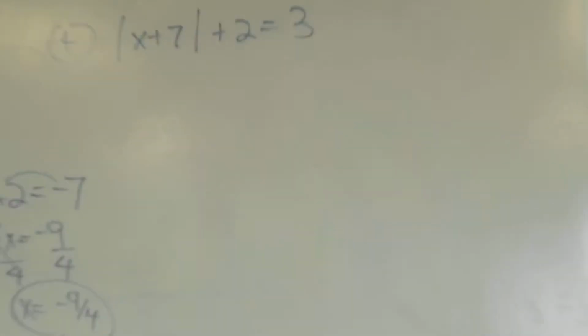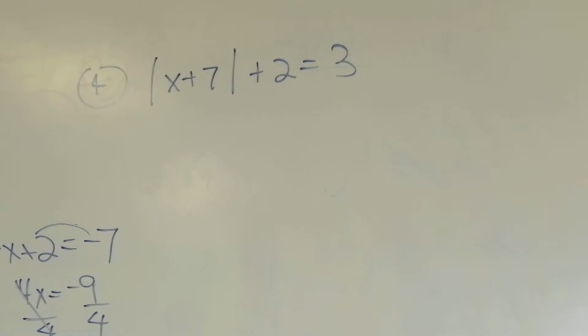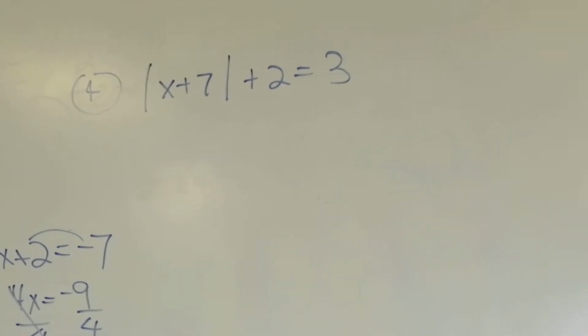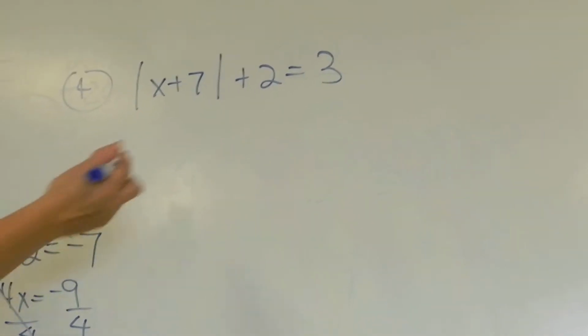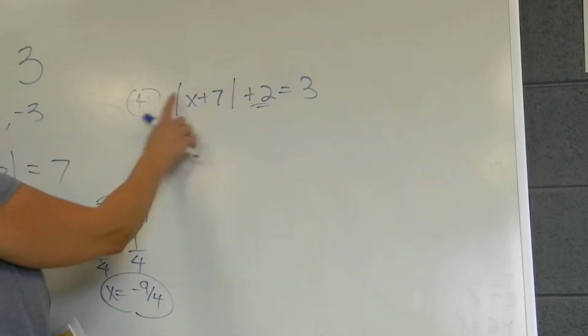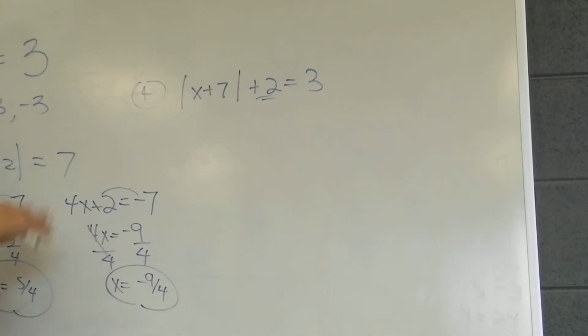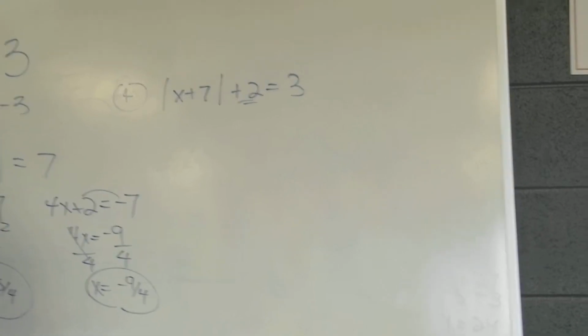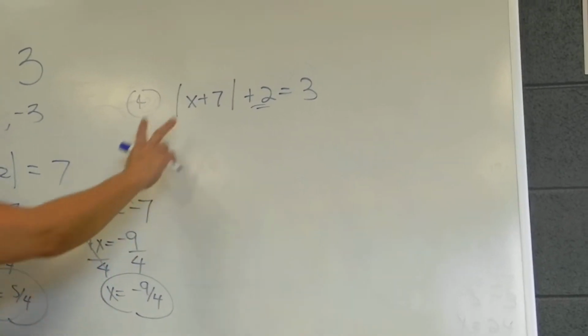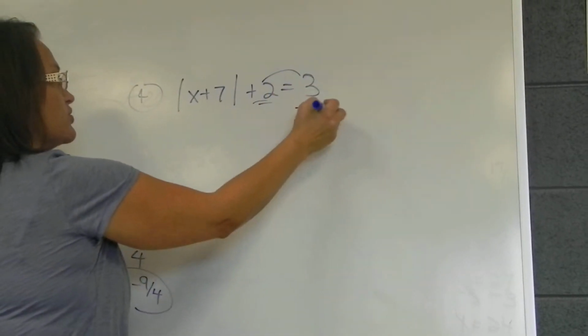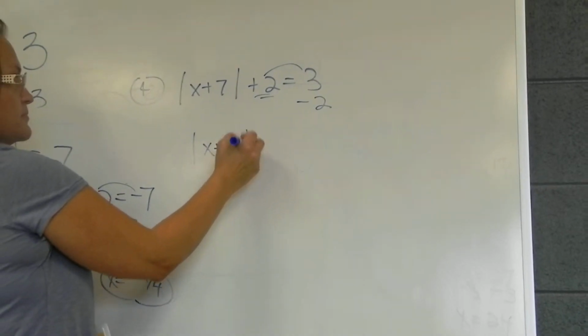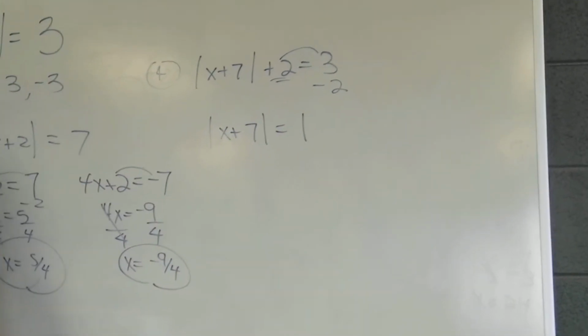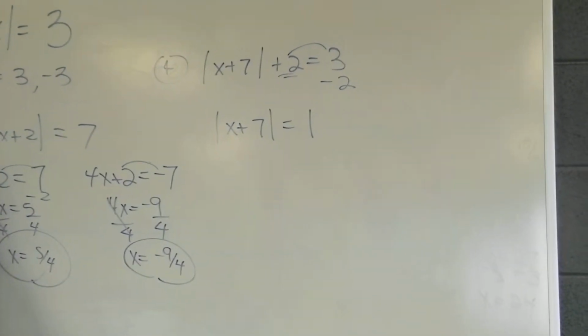Another thing to watch out for is you need to isolate your absolute values before you proceed. So if you have some extra stuff added or multiplied or around the absolute value, move it across first. Simplify it so this is alone. So bring the 2 across, and then do what we did on this last problem.